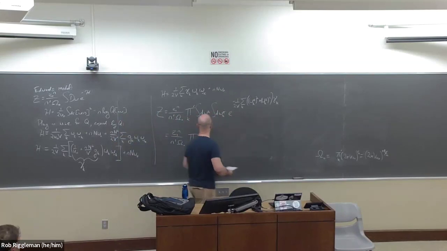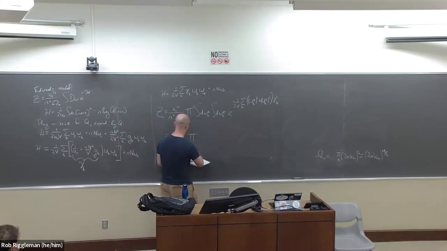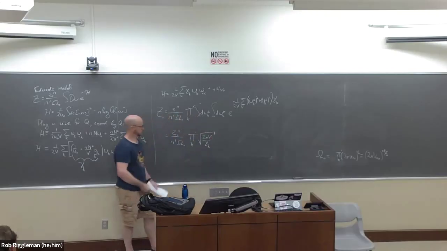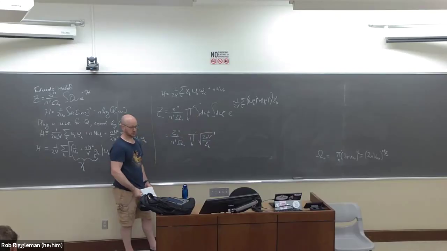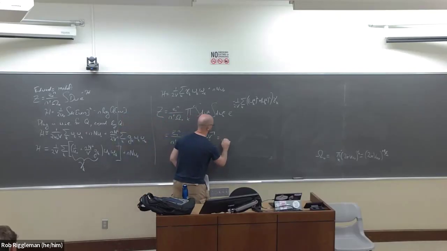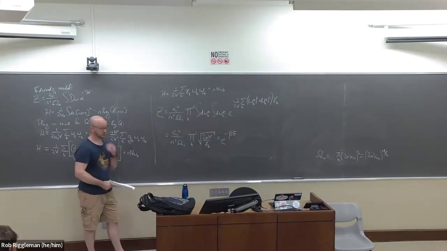Here we have gamma k in the numerator, and so we end up with product over k, 2 pi v over gamma, which still has its k dependence. And this is still equal to the free energy, e to the minus beta.